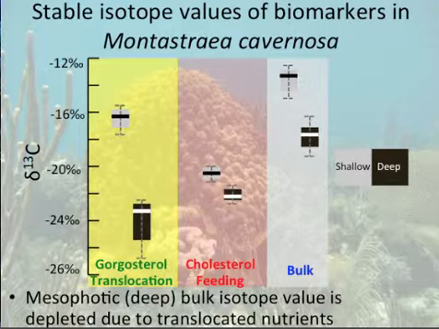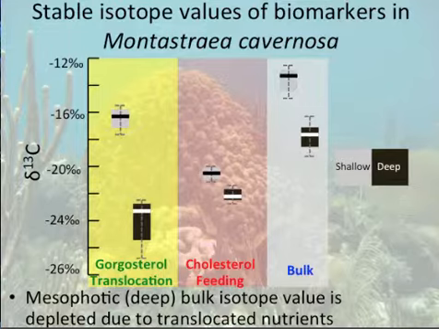In the cholesterol that comes from feeding, the stable isotope value is pretty similar between the shallow and the deep samples. And this is because the coral is consuming phytoplankton or zooplankton or particulate matter in the water column, and the cholesterol is going to have a similar stable isotope value because it comes from a similar source.